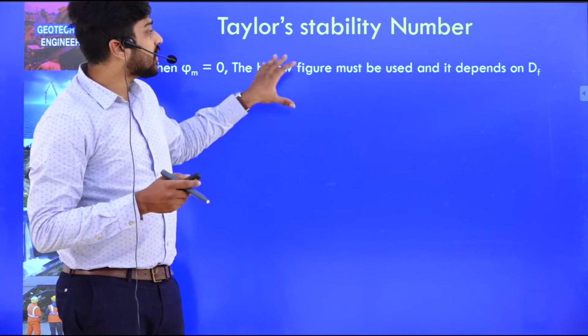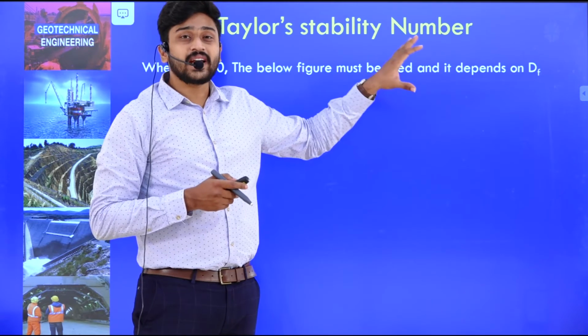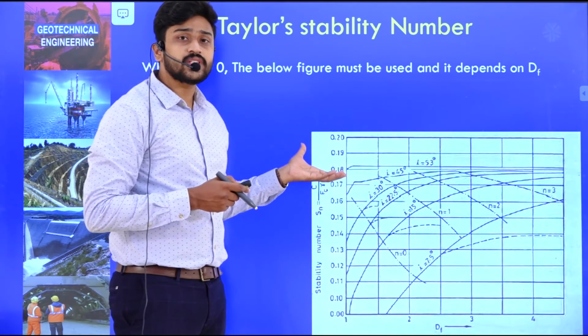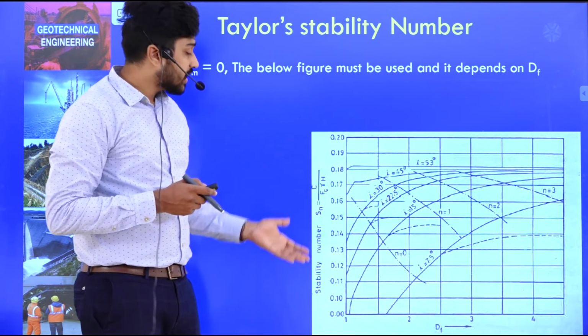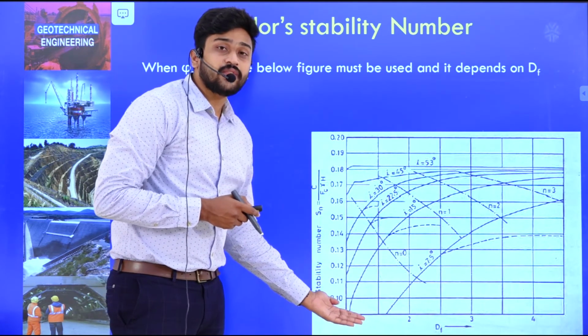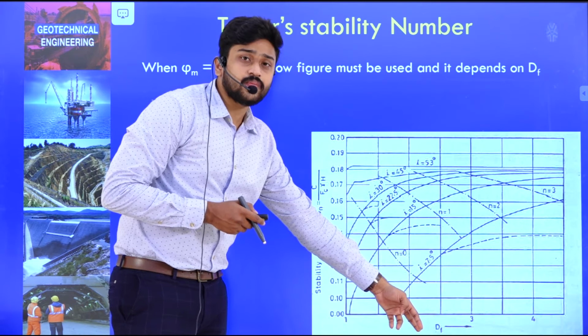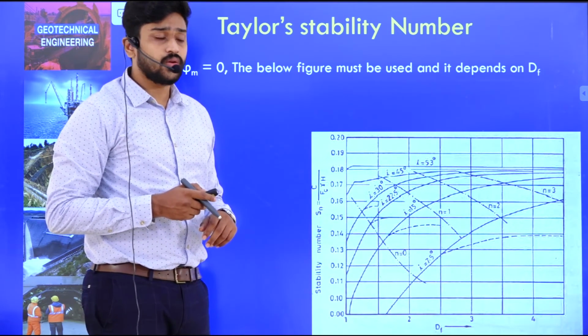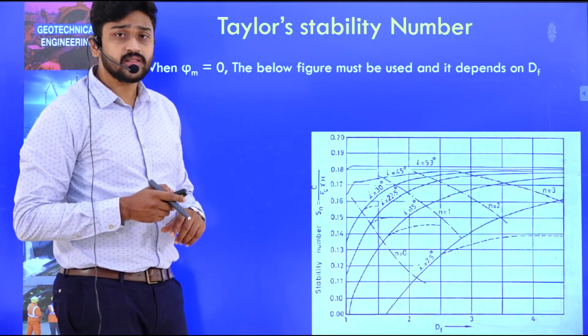So in this case we must use this particular type of stability chart, where instead of the x-axis being the i value, the slope angle, the depth factor is considered. That is the only parameter that is changing here.